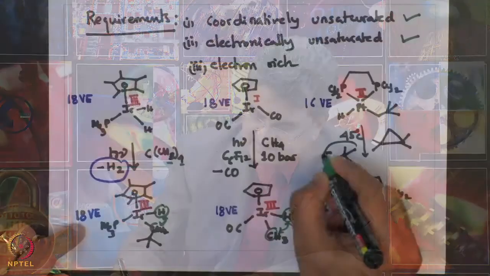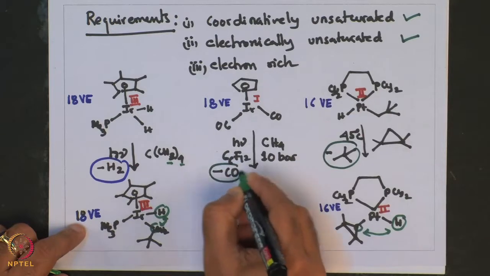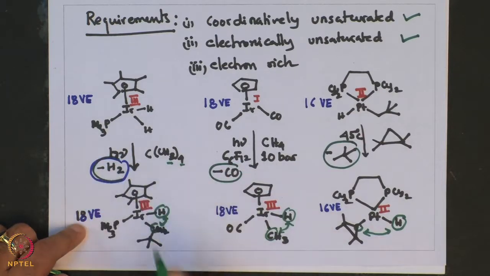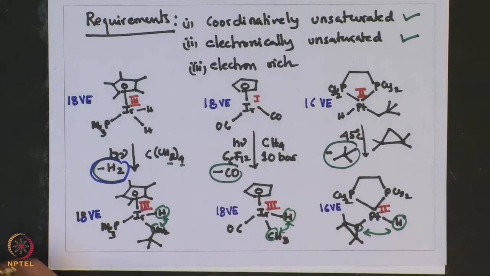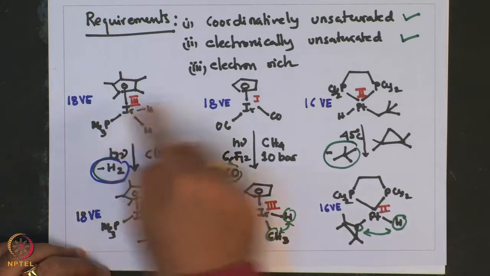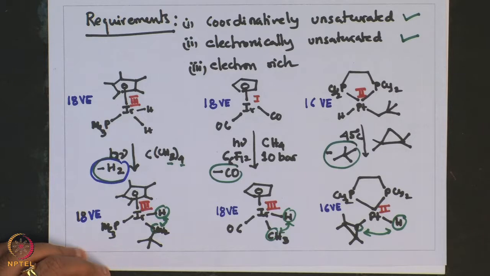Now, if we look at all of these examples and look at how this reaction proceeded, what becomes clear is that the first two criteria have been reached by loss of all these ligands, which would ensure electronic and coordinative unsaturation for these complexes.